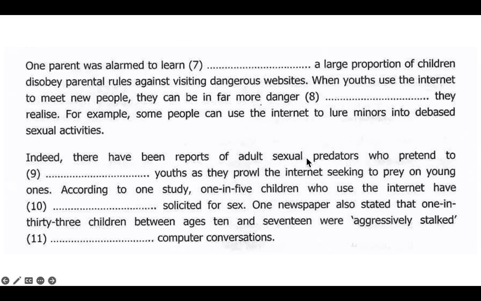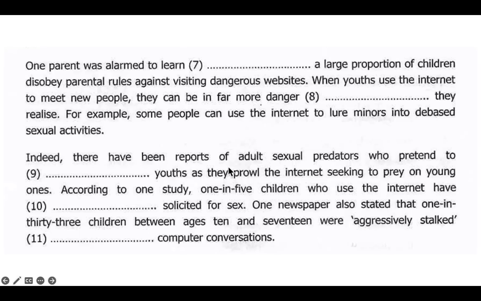Those ones who are looking to, let me say, to take up, or maybe those ones who are after people for sexual motives. Who pretend, we continue, who pretend to be youths. Here the word that can apply is to be.